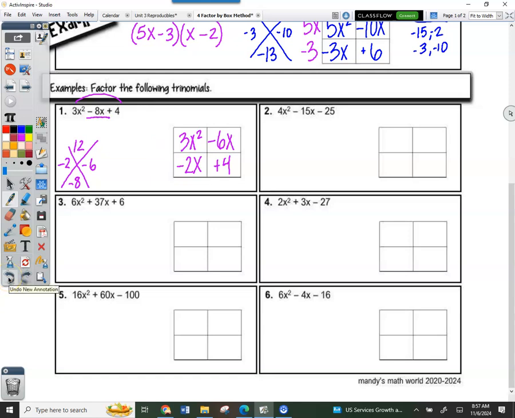All right, here we go. GCF time. Find the GCF of these 2 and write it to the left, then let's check and see if we got the same thing. Write the GCF to the left of each row.